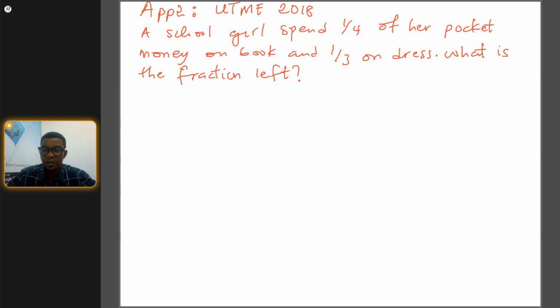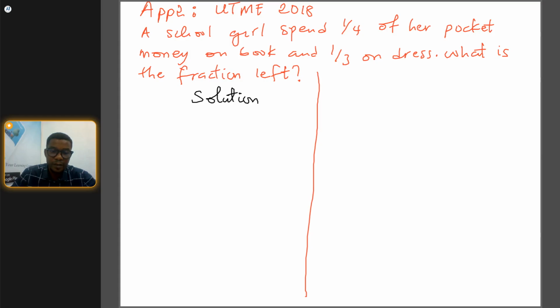So we want to consider this as the second application. Solution to that, we are asked to find the fraction left, that is the remaining fraction after the girl has spent 1/4 on her book and 1/3 on dress.